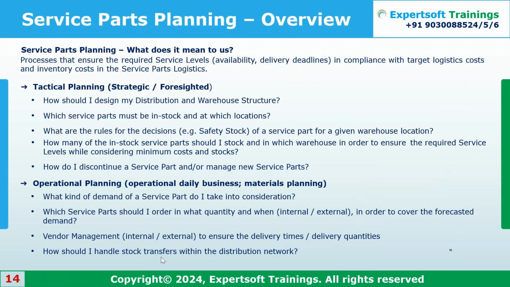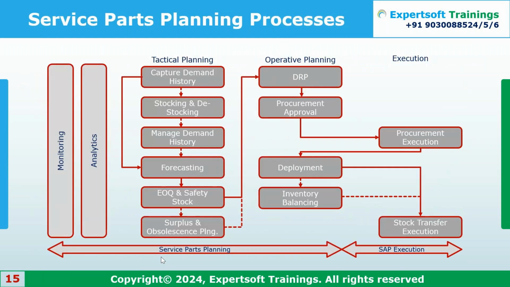How are we going to distribute the quantity we have received at the DC throughout our entire network? As we have seen, these parts come under tactical planning and these come under operational planning.